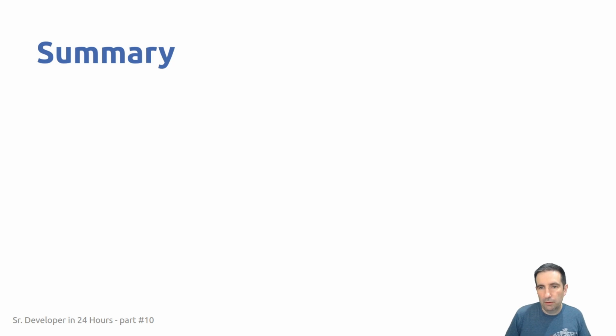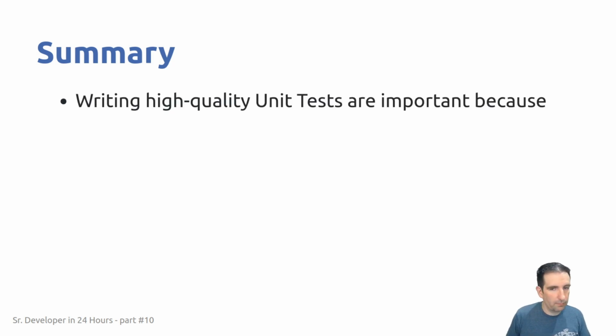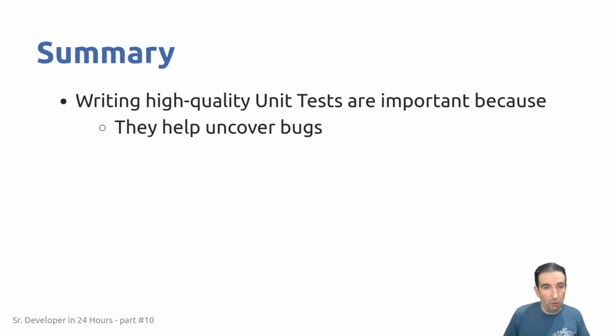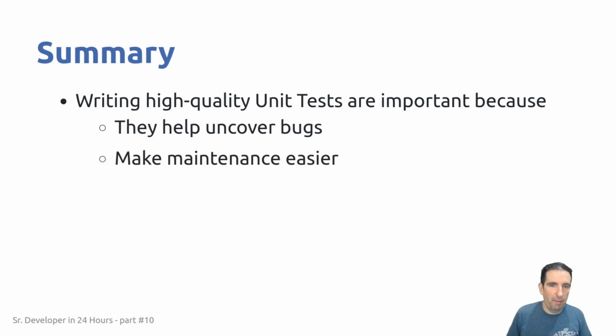All right, so to wrap things up, we've talked a lot about why writing high quality unit tests is really important for our development process. And, basic stuff: they help us uncover bugs. They make maintenance easier. It makes it easier for us to make changes without causing undesired side effects.